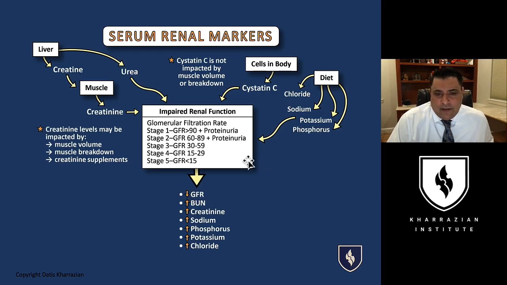any kidney issues. And if they have proteinuria, meaning they have positive proteins on the urinalysis, and their GFR is greater than 90, that's stage 1 kidney disease, and then stage 2 kidney disease is if the GFR is 60 to 89 plus proteinuria. Then once they get into a GFR of 30 to 59, it's very clear that they have renal disease at this point.